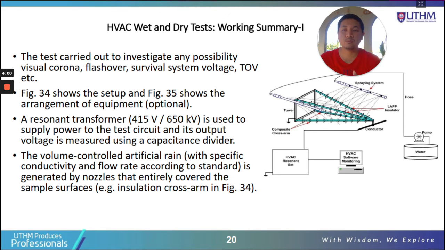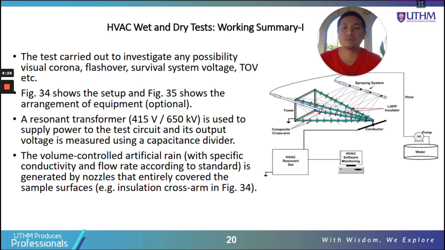It is used to supply the power to the circuit. We measure the output using a capacitive divider. Because it is very high voltage, we cannot simply use resistance to measure the output voltage; we have to use a capacitive divider.